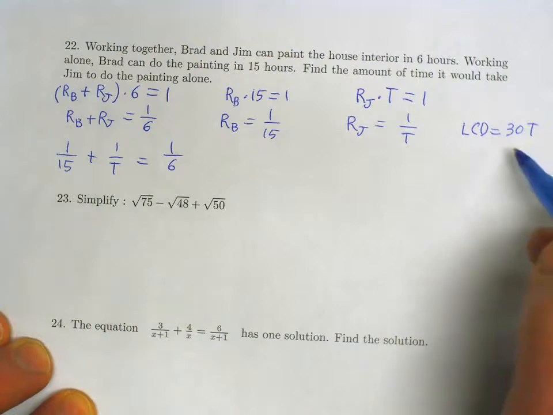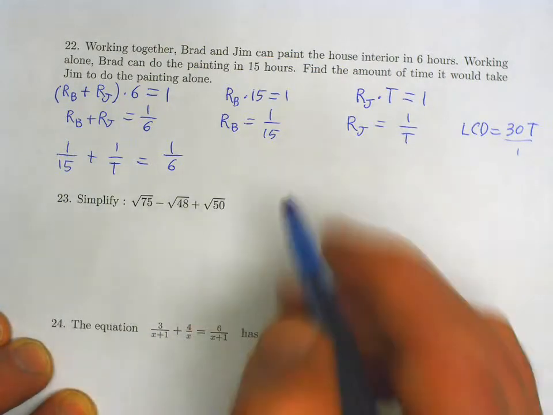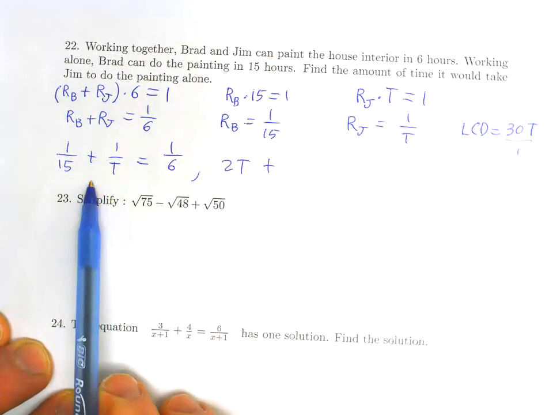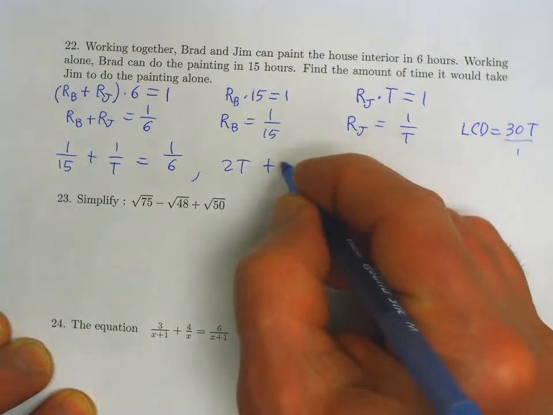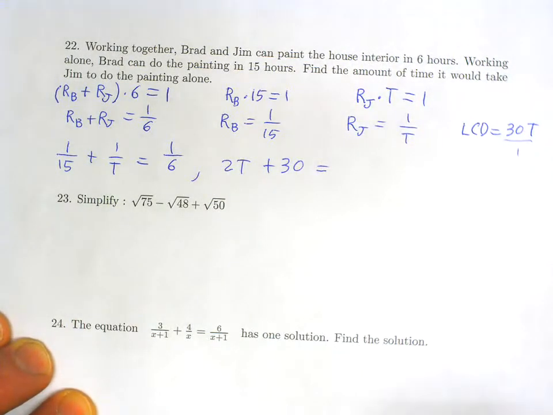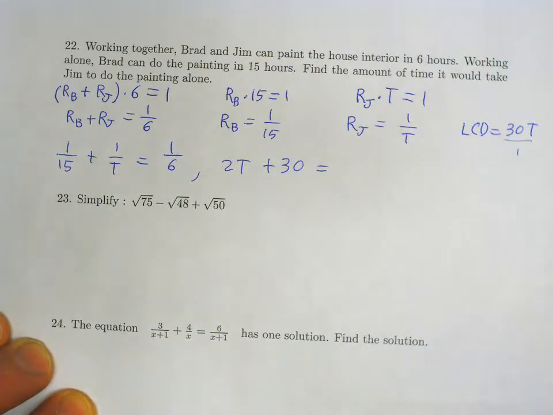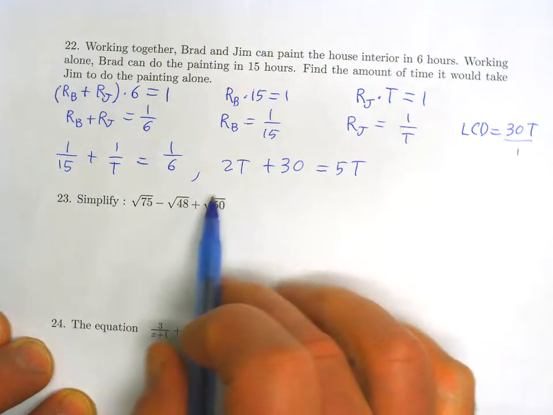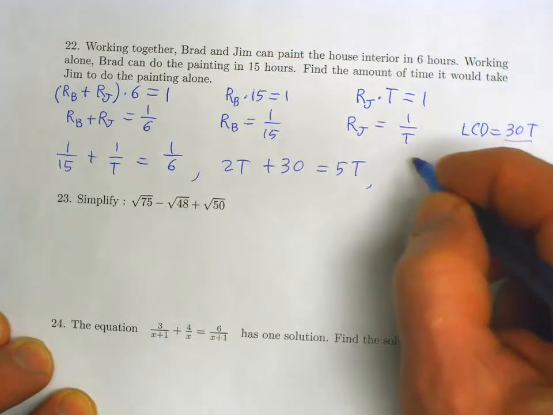Okay, when you multiply 30T over 1 by 1/15, that simplifies to 2T. When you multiply 1/T times 30T, the T's cancel, so we just get plus 30. And on the right-hand side, 1/6 times 30T simplifies to 5T. So this is a really easy equation to solve for T. Subtract 2T from both sides.